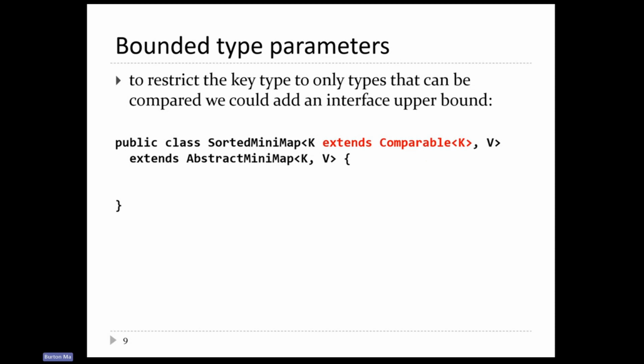That's the Comparable interface, and that interface is itself generic. So here you want to make sure that your key type implements Comparable for the key type K. All that means is that your type has a compareTo method. It lets you compare two values or two elements of type K.